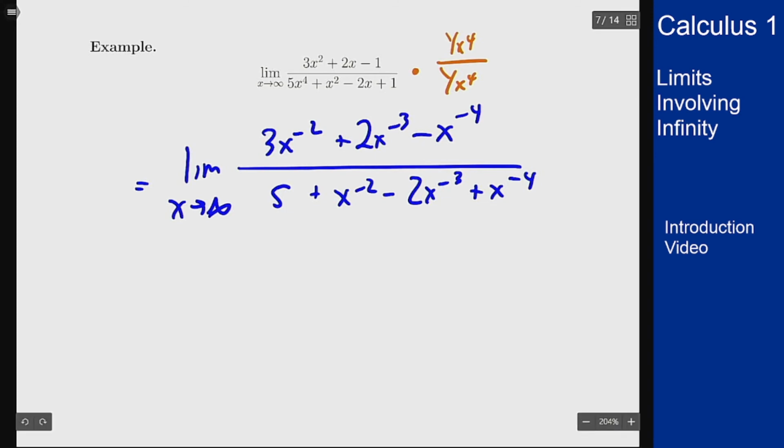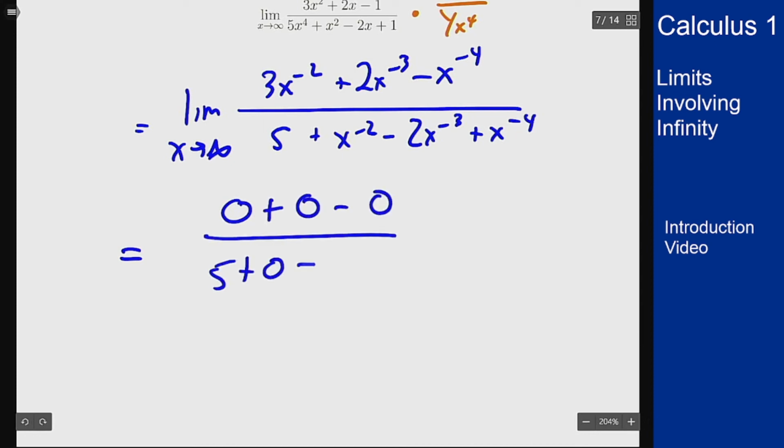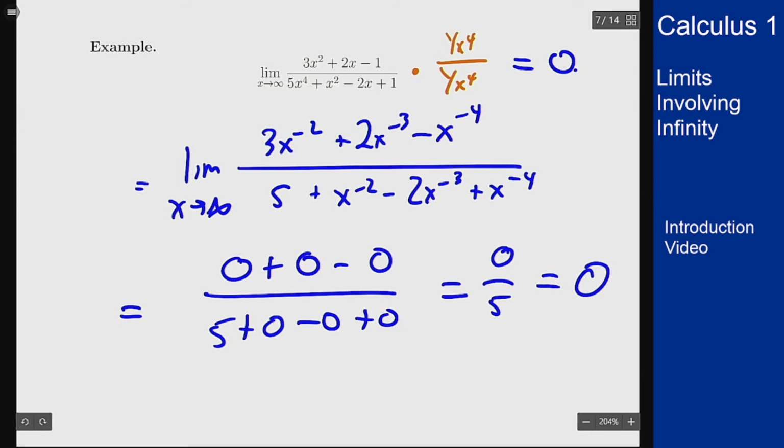Each of these terms now go to numbers and they all exist because as I take x to infinity, this goes to 0, this goes to 0, this goes to 0, so the whole top goes to 0, so that's well defined. On the bottom, goes to 0, goes to 0, goes to 0, stays at 5, so I can now push this limit through to the top and bottom into each term. And if I do that, I will get 0 plus 0 minus 0 over 5 plus 0 minus 0 plus 0, or 0 over 5, which is 0. Therefore, this original limit equals 0.